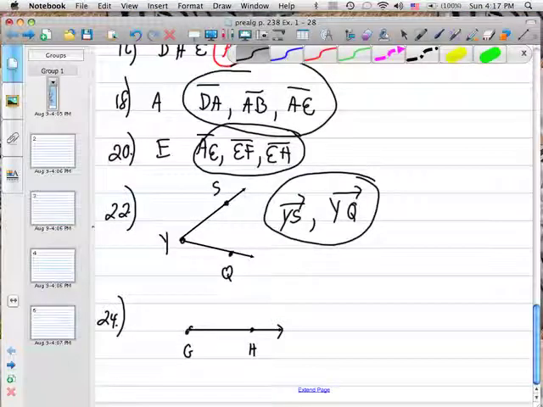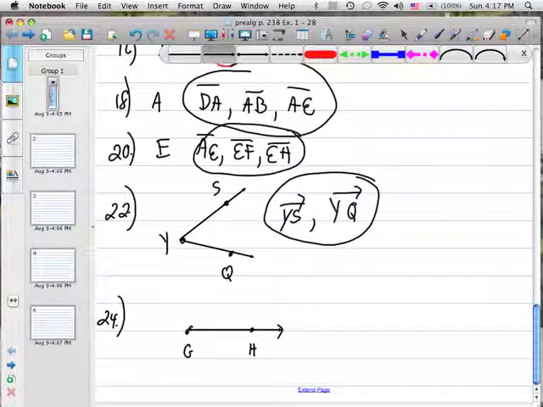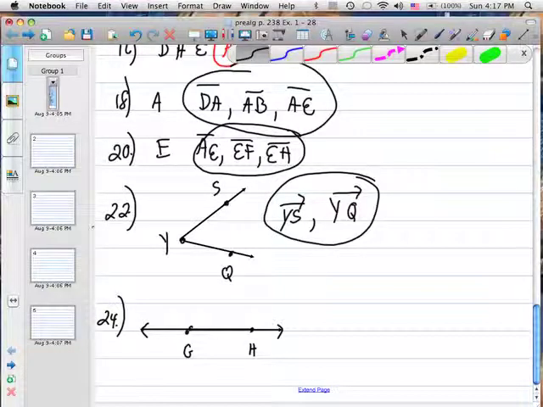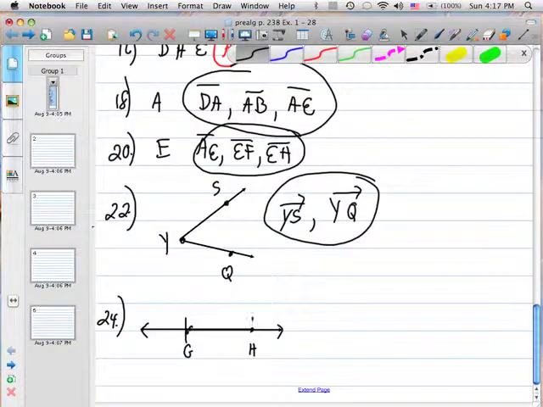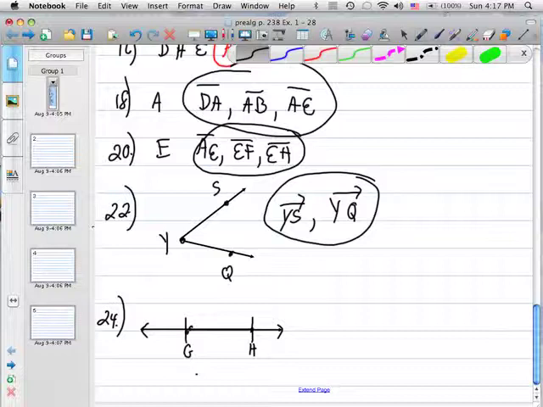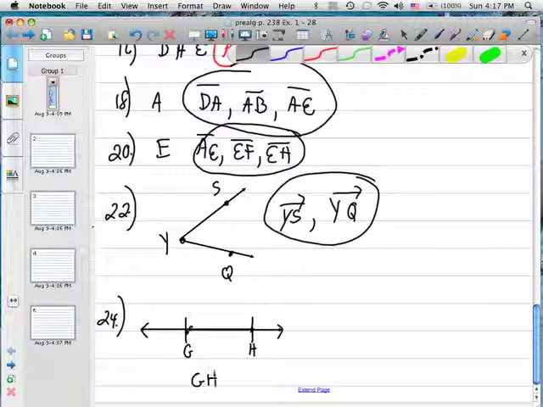Ray HG would have to start at H and go the other way. There's ray HG. So if I put them, the intersection of the two rays, what do they share? It has to be this part right here between G and H, so it's line segment GH.